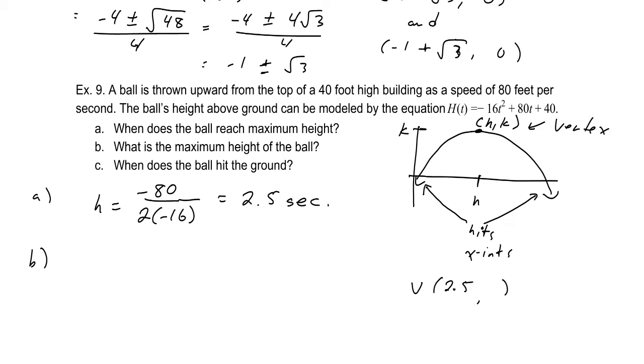Now for the maximum height, let's find k. Negative 16, we're evaluating at h, so 2.5 squared plus 80 times 2.5 plus 40.